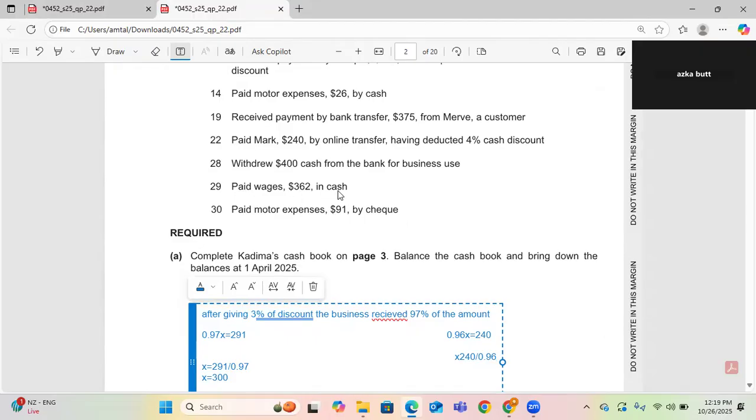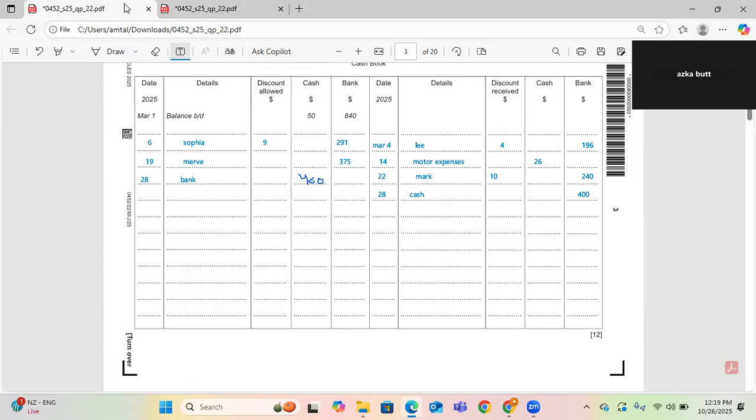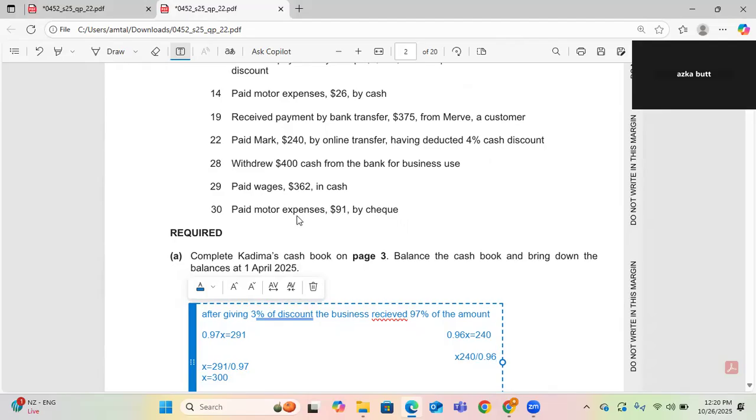Paid wages $62 in cash. So we have paid the wages, so we will simply write it on the credit side. This is 30th March, and we have paid the wages, and that is equal to 362, I guess. Done. Next one, paid motor expenses $91 by check.